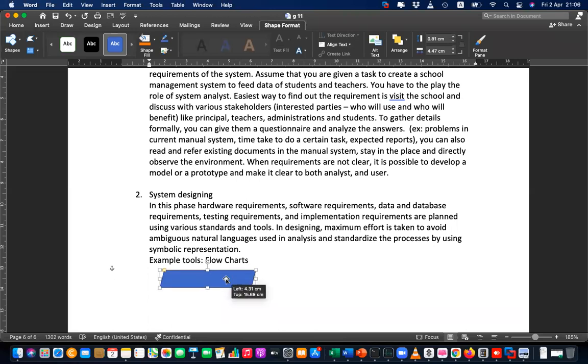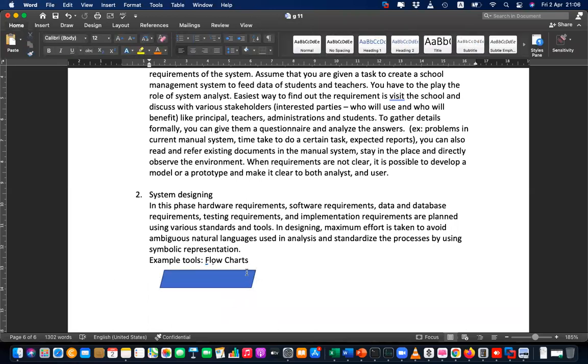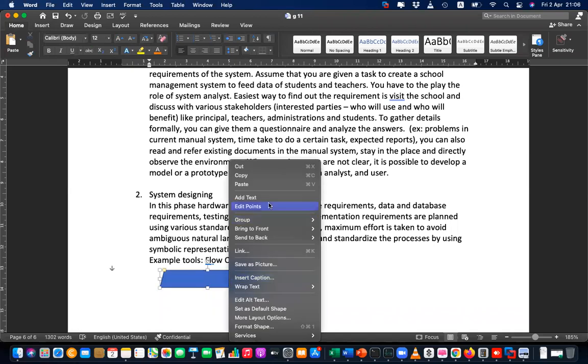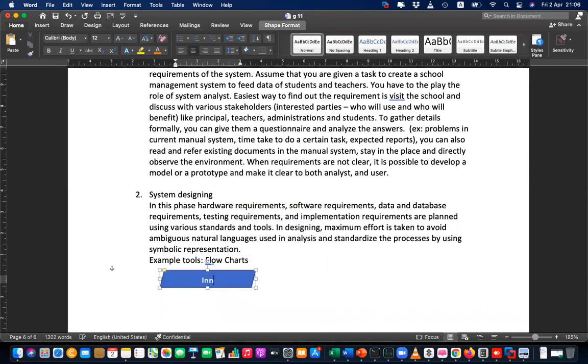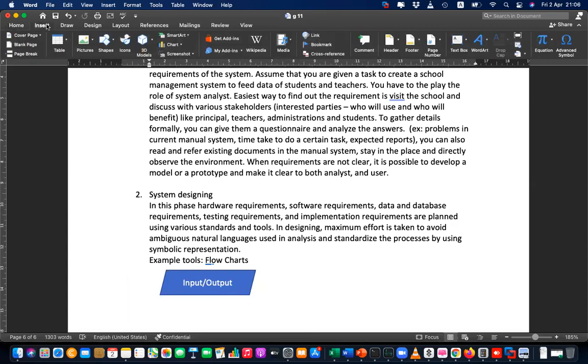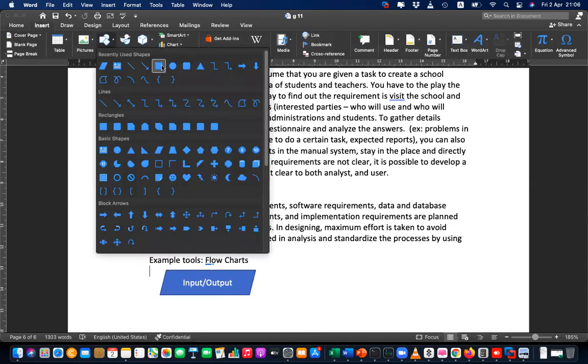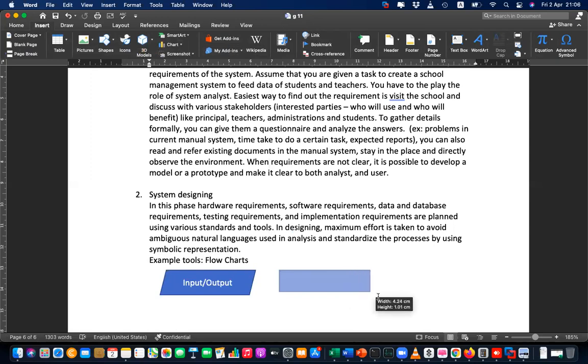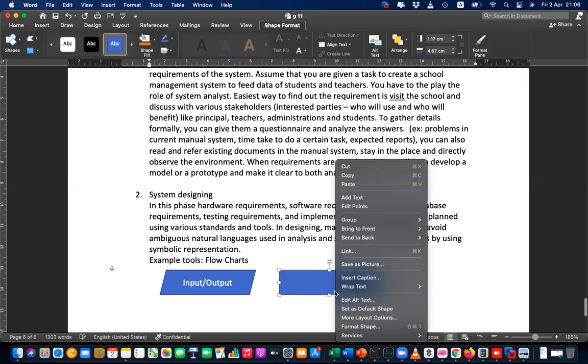Nothing else. That is the standard symbol. It represents input or output only, so it will simplify the problem. A flowchart simplifies input or output using this symbol, and it simplifies a process using this symbol. If you see this symbol, you know that it is a process.